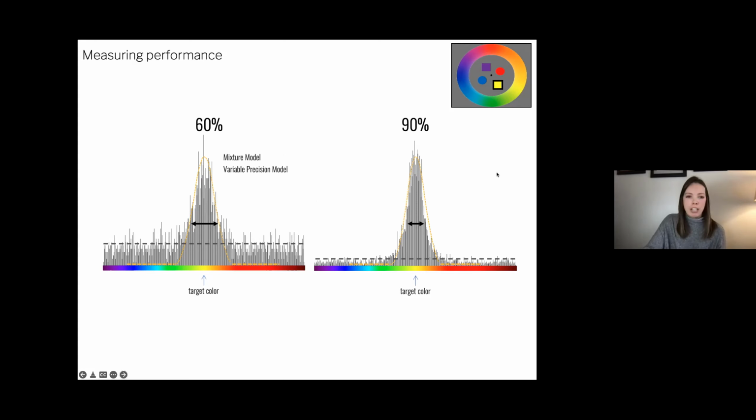I know you recently had Tim Brady come and speak to you. We used both of these models, and they really converged on the same point. So for the purposes of this talk, I'm just going to talk about the standard deviation or precision parameter in all of these models, and we can get into the nitty-gritties of the models later if you're interested.